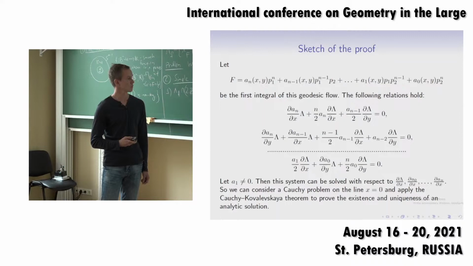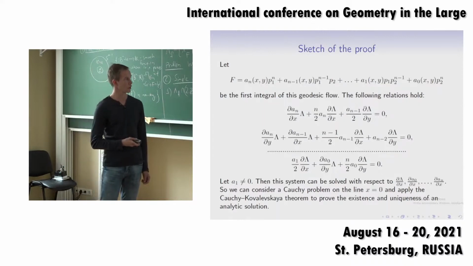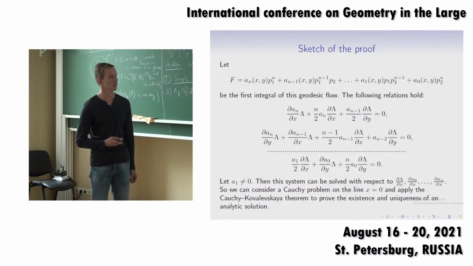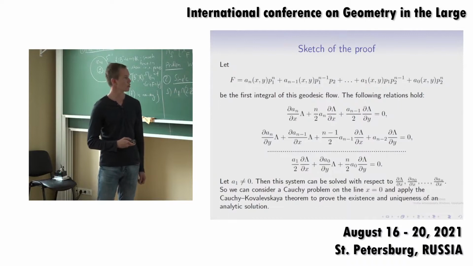And one of the questions is how to construct these solutions explicitly, how to integrate this system. And one more question is the following. What will happen if we try to extend these solutions from a small neighborhood of a point to the whole phase space? Can we manage to do this?